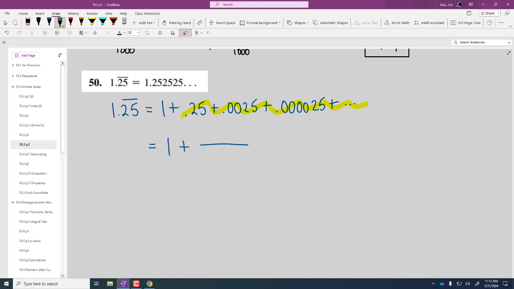And what is the a for that part? 0.25, which we're going to write as 25/100ths, or 1/4. And the common ratio, how do we get from one term to the next? Multiply by 1/100th. So that is the common ratio.